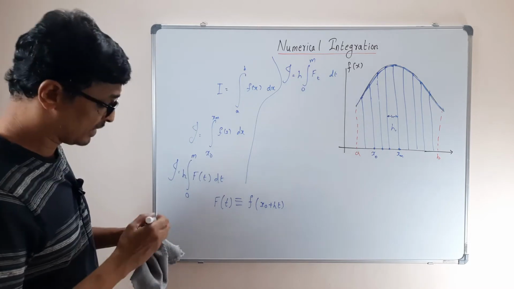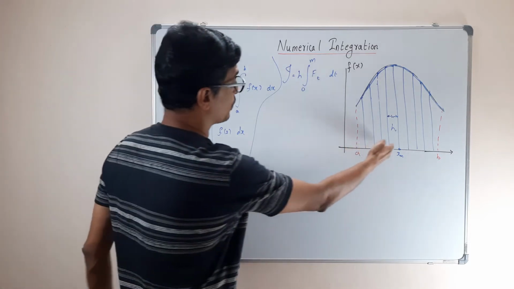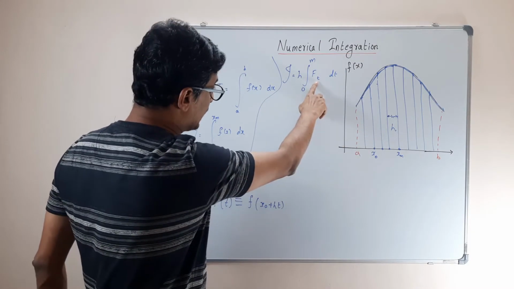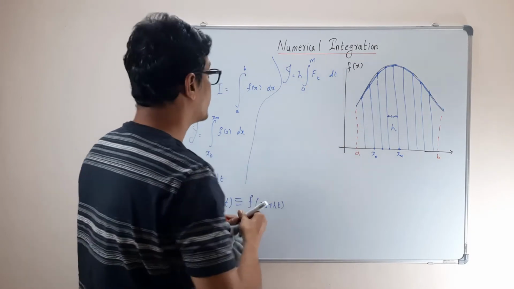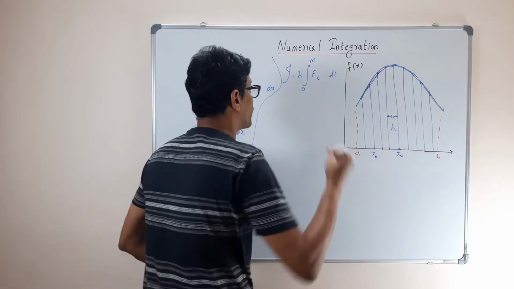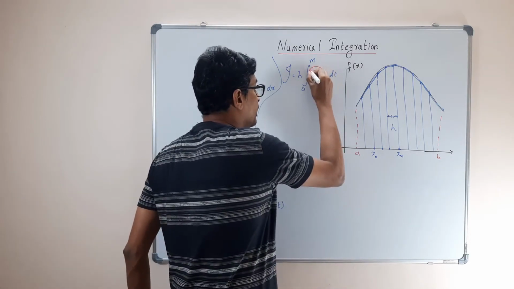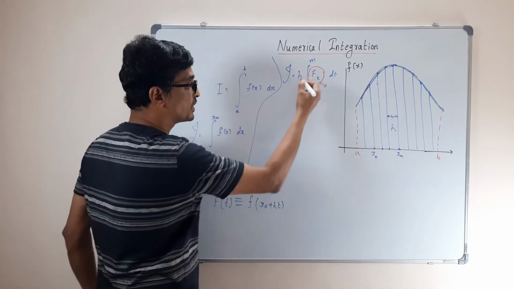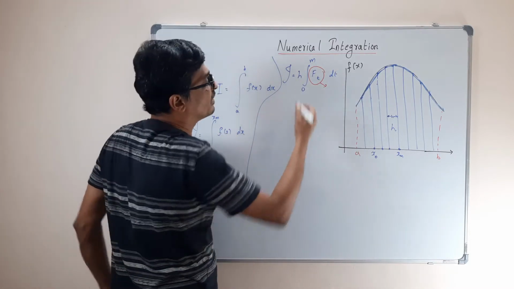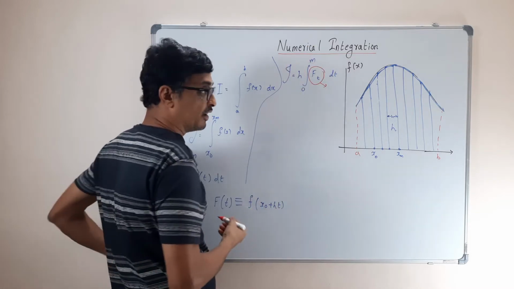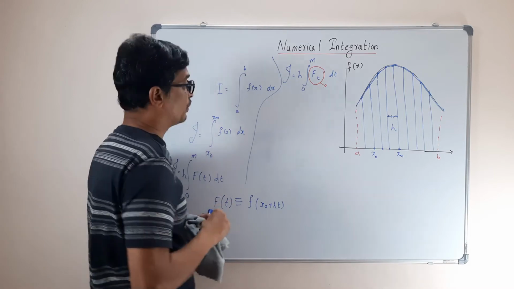Now t goes 0, 1, 2, 3 and so on, and we have to represent this f of t as a polynomial in t. If I represent f of t as a polynomial in t, then I can perform this integration, and that's how I will be able to solve this integration numerically.